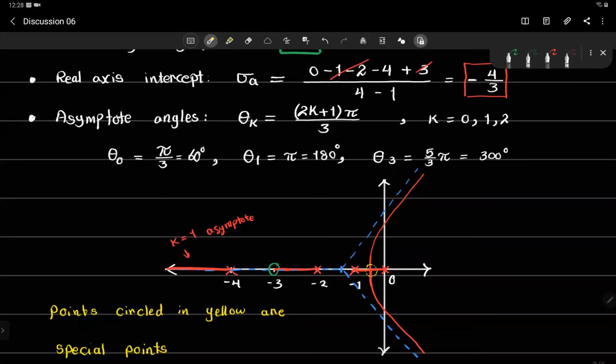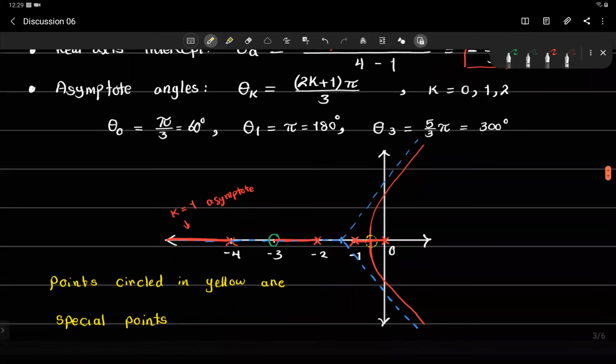Whenever we have two poles on the real axis that meet each other, we will have a breakaway point. And similarly, whenever you have two zeros that meet on the real axis, you will have a break-in point, okay? And this is part of the refinement of the root locus.